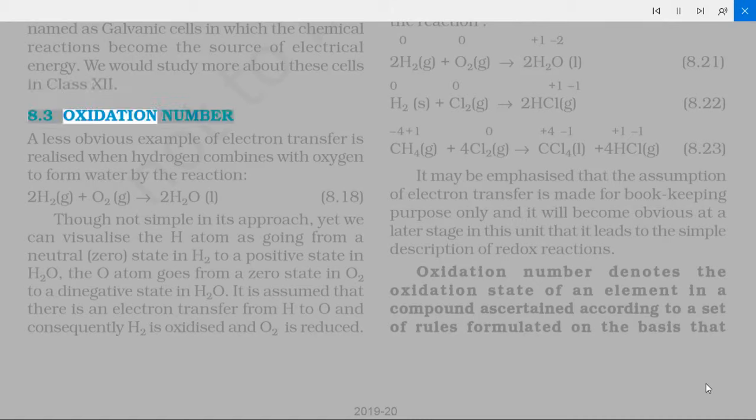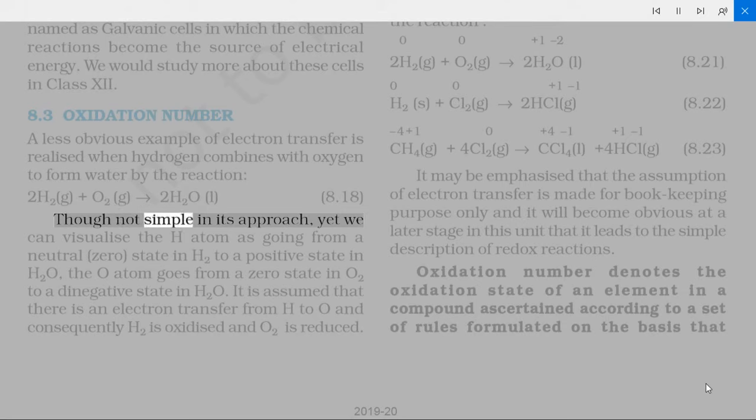8.3 Oxidation number. A less obvious example of electron transfer is realized when hydrogen combines with oxygen to form water by the reaction 2H2(g) + O2(g) → 2H2O(l) (8.18).